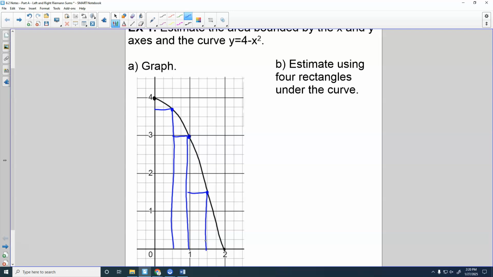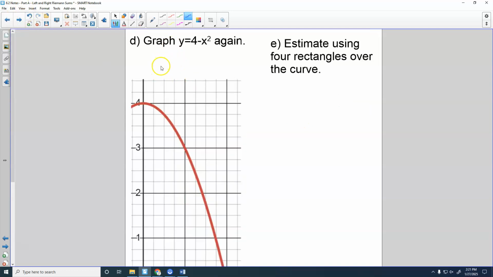And notice for this graph, our right corner of our rectangles was on the graph, right? So we would call this a right Riemann sum. So if your right corners of your rectangles touch the graph, then that's a right Riemann sum.